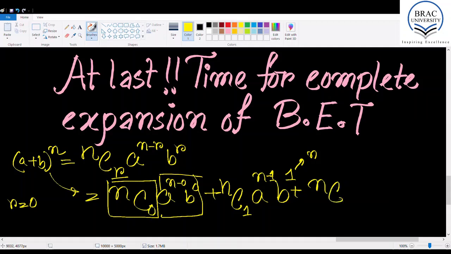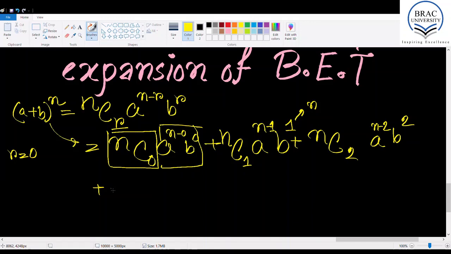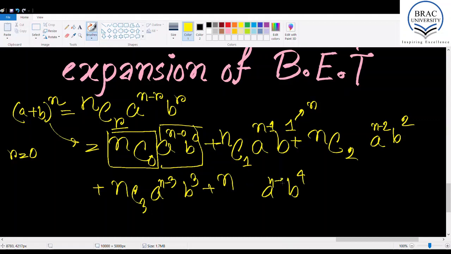Next we take 2 b's, and the power of a will be n minus 2, with nC2. Then a to the power n minus 3 with nC3, then a to the power n minus 4 with nC4.